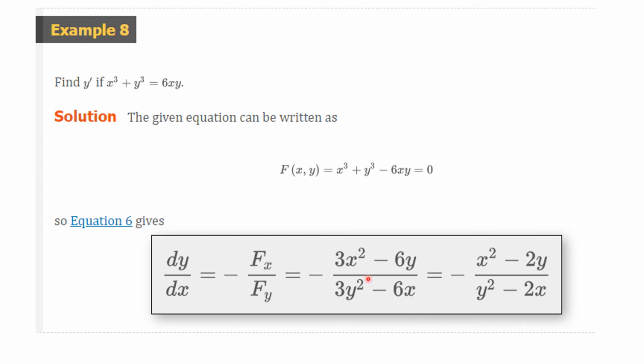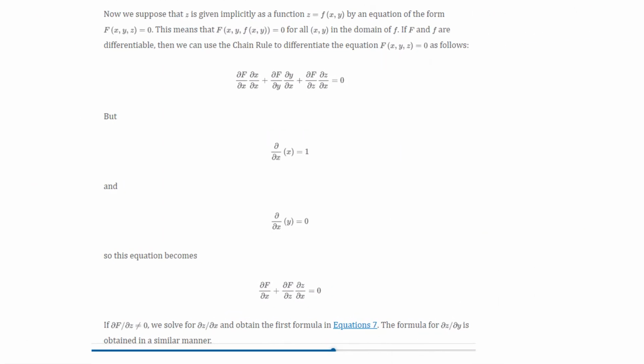We put the negative there, and then we simplify. We have a factor of 3 that can be divided from numerator and denominator. So the answer is dy/dx is equal to this expression. Make sure you can do problems like this as we go forward.